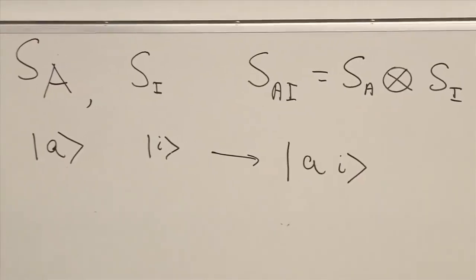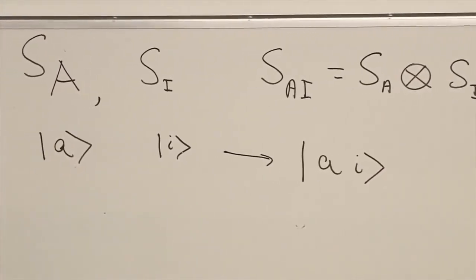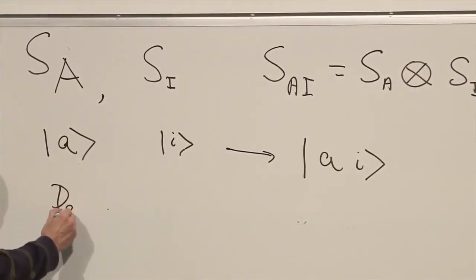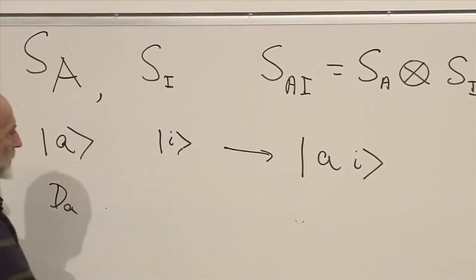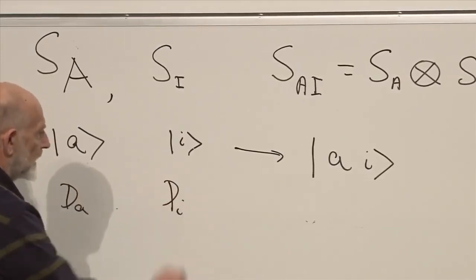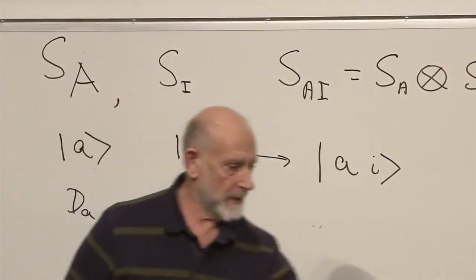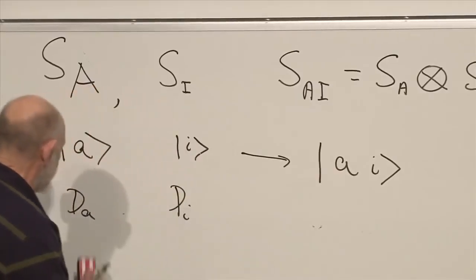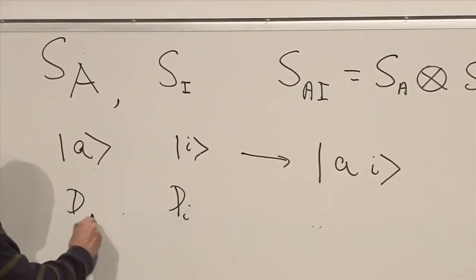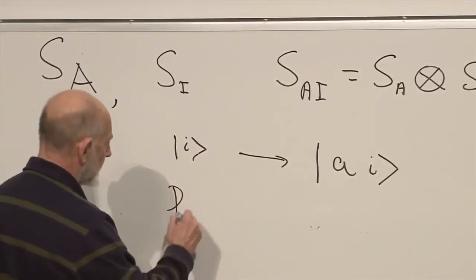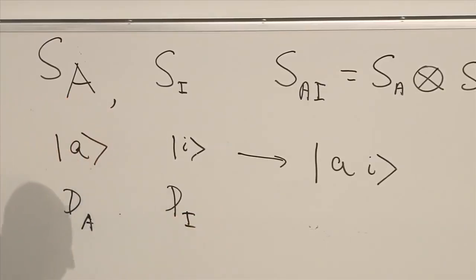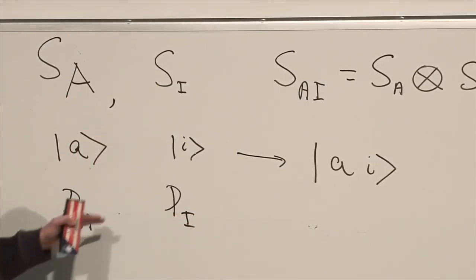Let's suppose the dimensionality of this space is D sub capital A, and the dimensionality of this space is D sub capital I. In other words, the number of orthogonal states of each one of these separately.